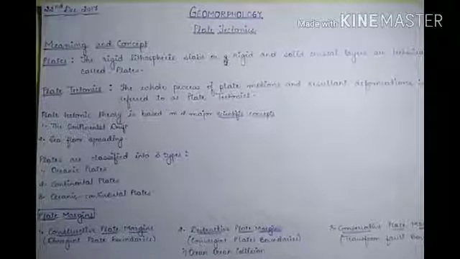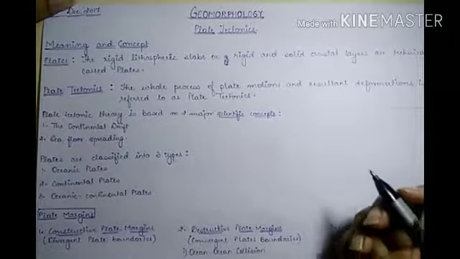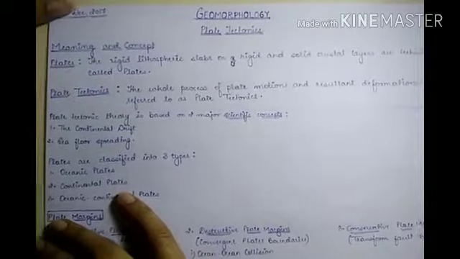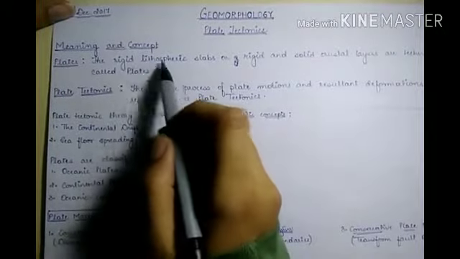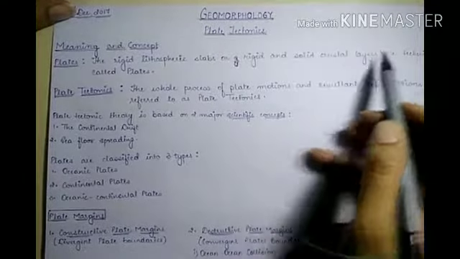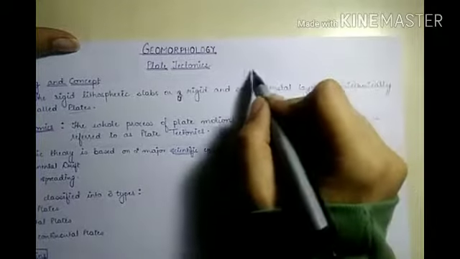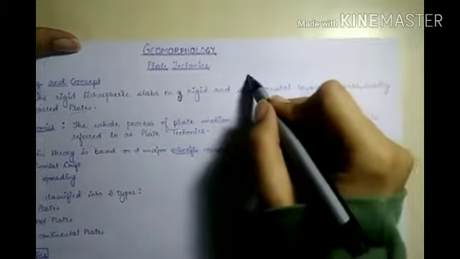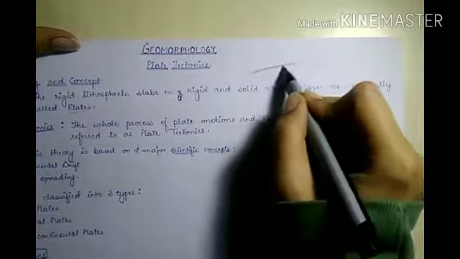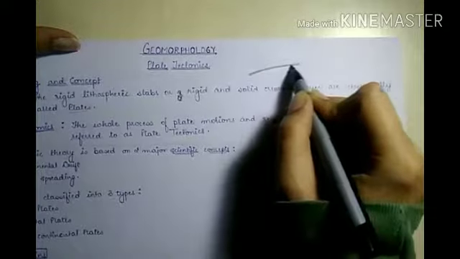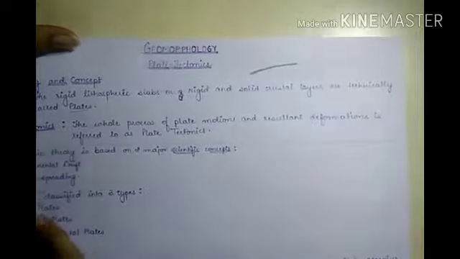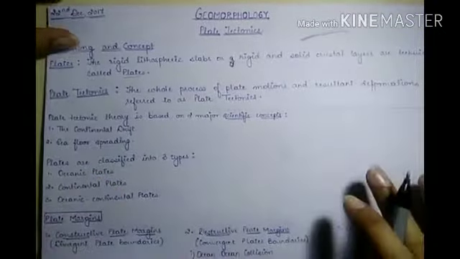So in plate tectonics, we will first understand what exactly plates are. Plates are rigid lithospheric slabs or rigid and solid crustal layers, and they are called plates. See, this is a lithosphere and this solid crustal layer is known as plates, okay.